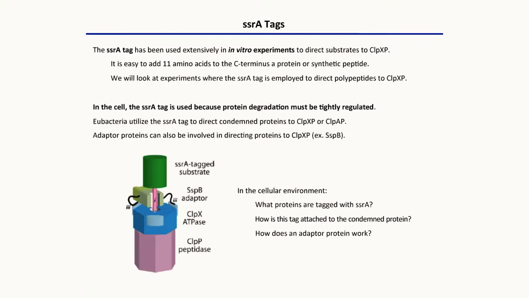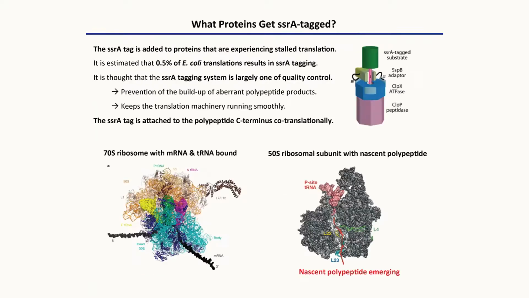This is just a cartoon showing an adapter protein helping direct this tag to the substrate here. So we're going to just move forward to this slide. This tag is specifically added to proteins that are experiencing stalled translation.